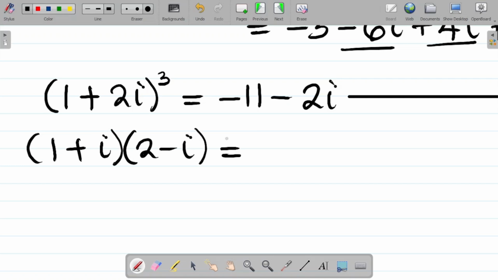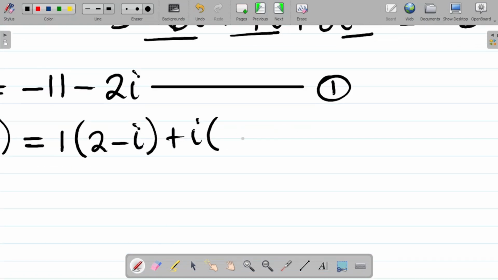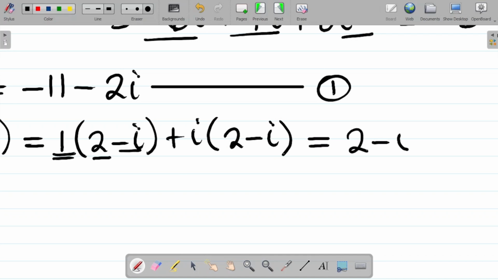Let's get this done. As usual, take the first term here, 1, and multiply everything in the second bracket, 2 minus i. Take the second term here, plus i, and multiply everything in the second bracket, 2 minus i. So I have this. Let's multiply this here. 1 times 2 is 2. 1 times minus i is minus i.